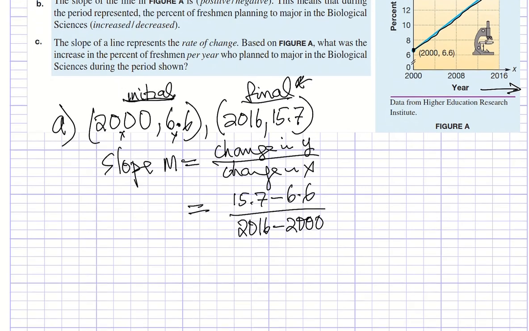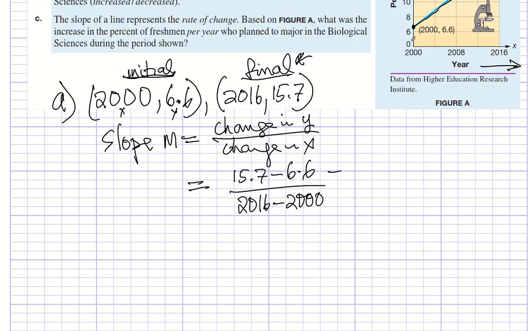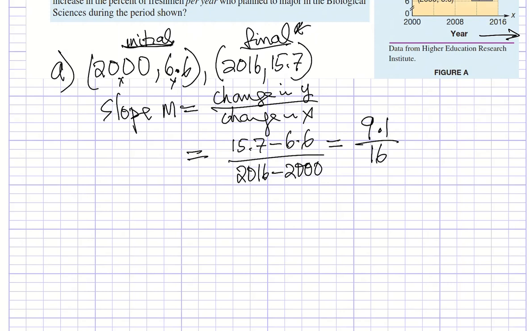See that, right? You work that out. It's 9.1 over 16, okay? Of course we have no choice, it has to be a decimal. So this is approximately 0.57, okay? 0.57.